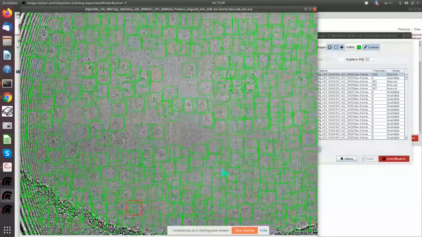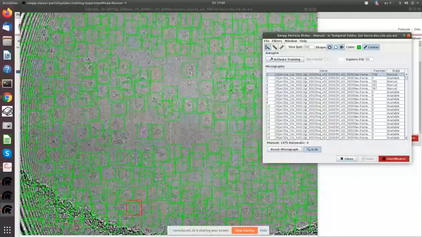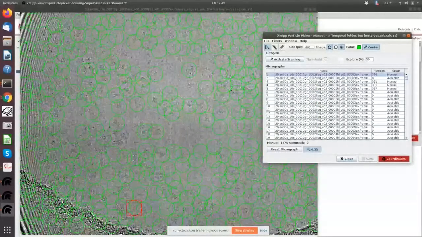After the training area, it is very good that you correct for the mistakes of the picking algorithm. I like to do it like this, though I don't mean this is the only way. When picking, I would say a box that is relatively tight to the particle is good, because that will allow you to pick 2 particles that are relatively close to each other.